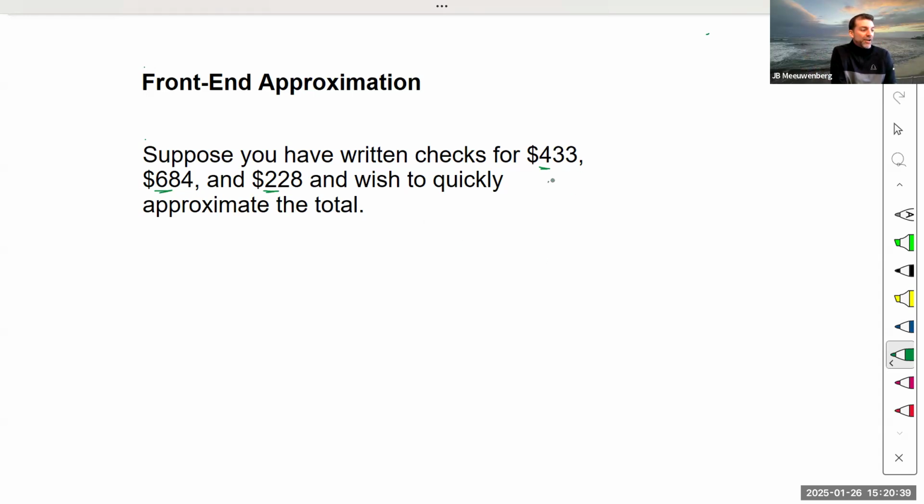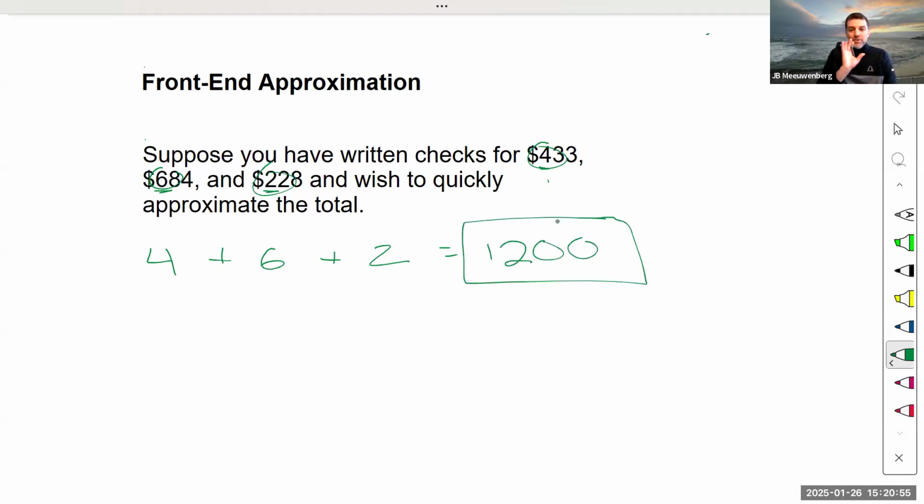And so if we're adding 400 plus 600 plus 200, so you got the 4, the 6, and the 2, that adds up to 12, and we're counting hundreds. So that gives us a really quick estimation of 1,200. Now, it's certainly less than what the actual amount would be, but again, it's all about quickly getting an approximation.